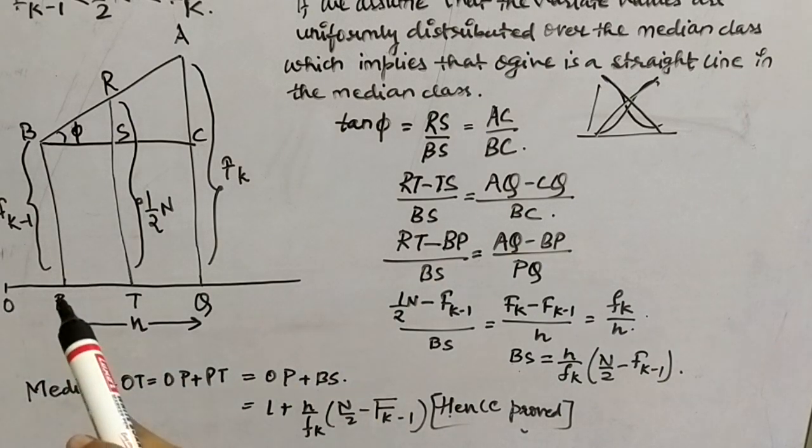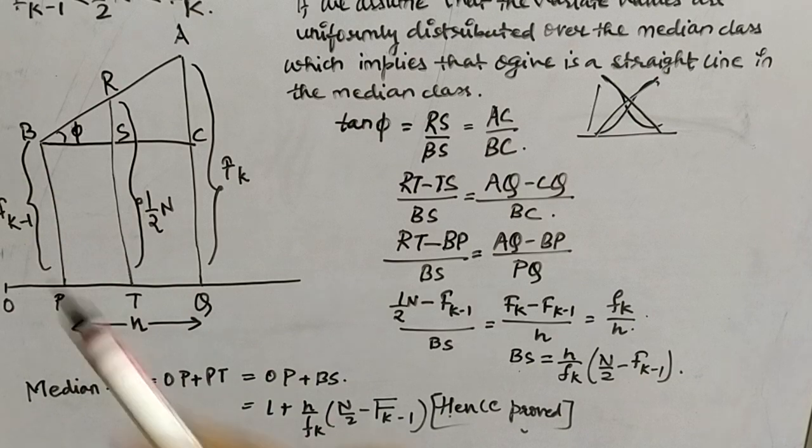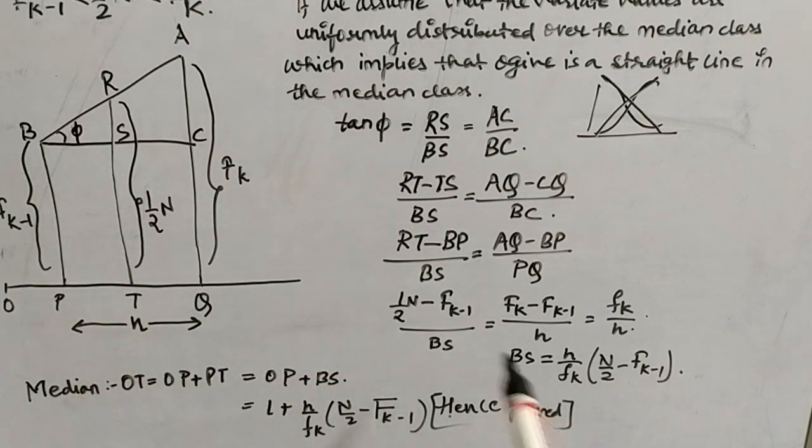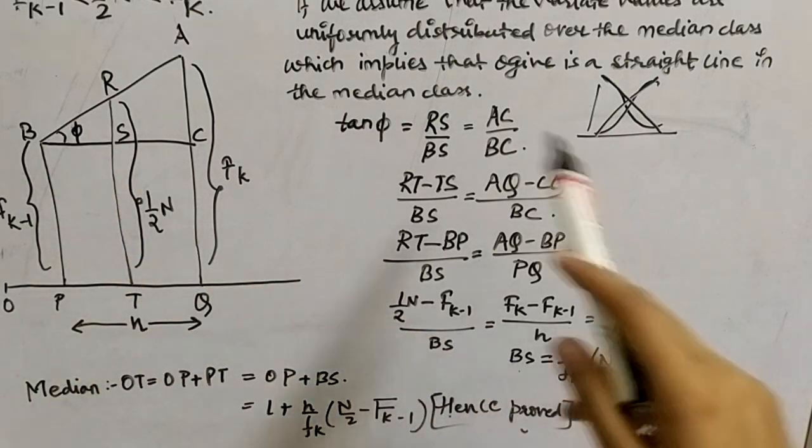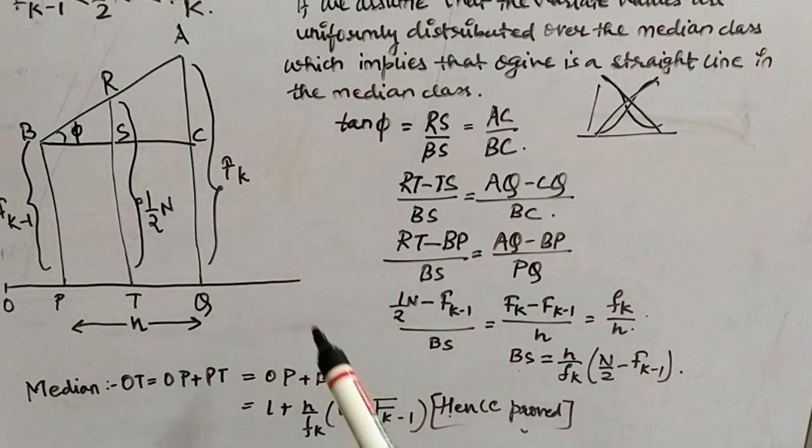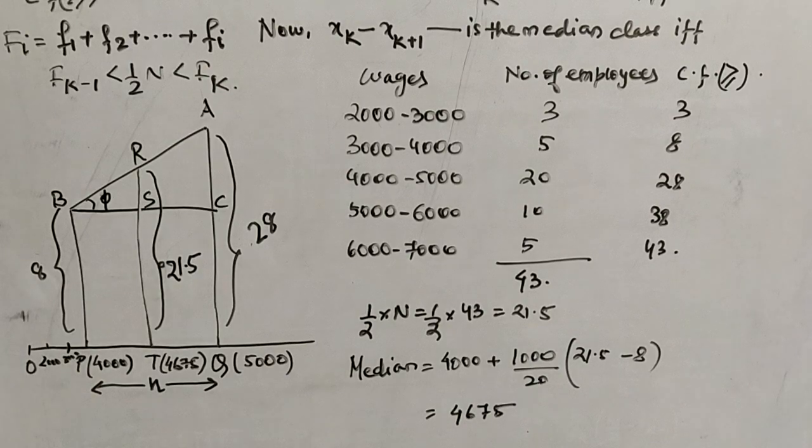And now PT is nothing but BS, and we have calculated the formula for BS from this particular method. And now put in the formula, you will get this result, and you have to use this particular result in any continuous frequency distribution. So you have this particular example in front of you in order to make your doubts clear.